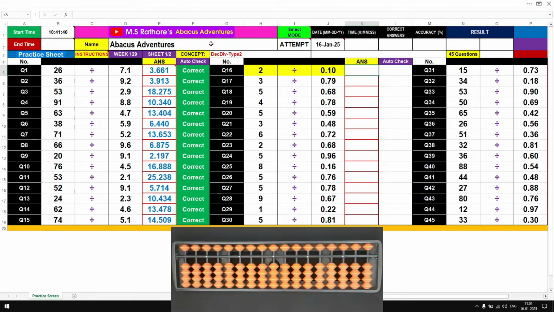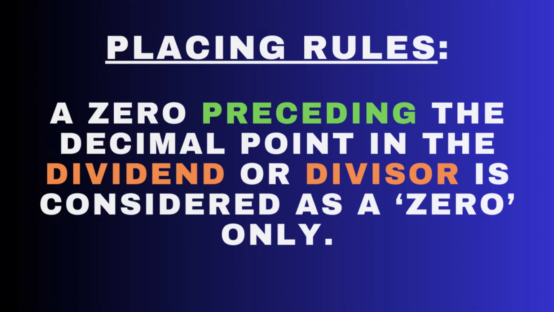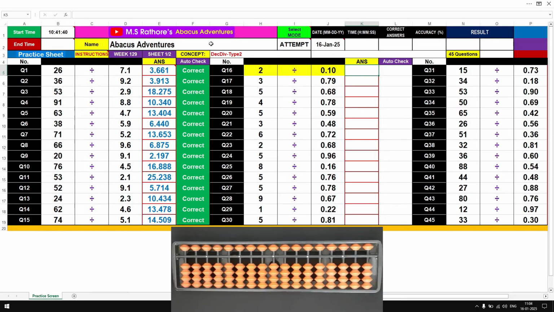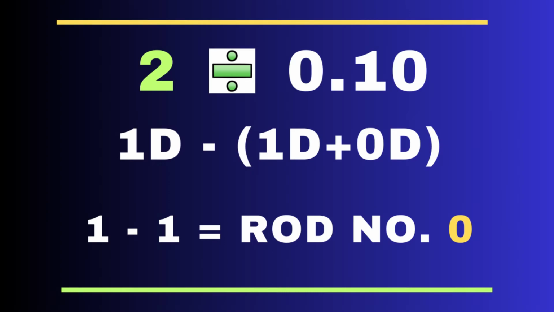Question number 16 is different from the previous questions because there is a 0 before the decimal point in the divisor. As you know, a 0 before the decimal point in either the dividend or the divisor is taken as a 0 only. So the dividend has 1 digit, minus the symbol and minus 0, so 1 minus 1 is 0.